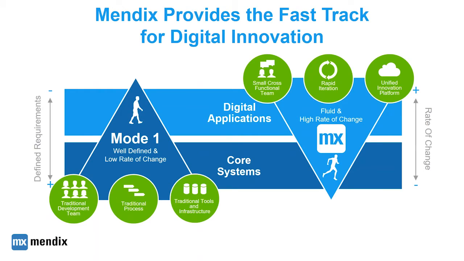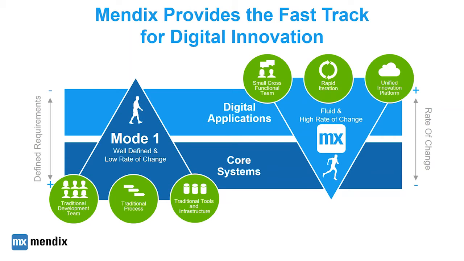To first set the scene, if you have seen a presentation from Mendix recently, this should be a familiar sight: the bimodal IT solution, in this case from Gartner, where you have a clear split between a mode 1 and a mode 2 organization.